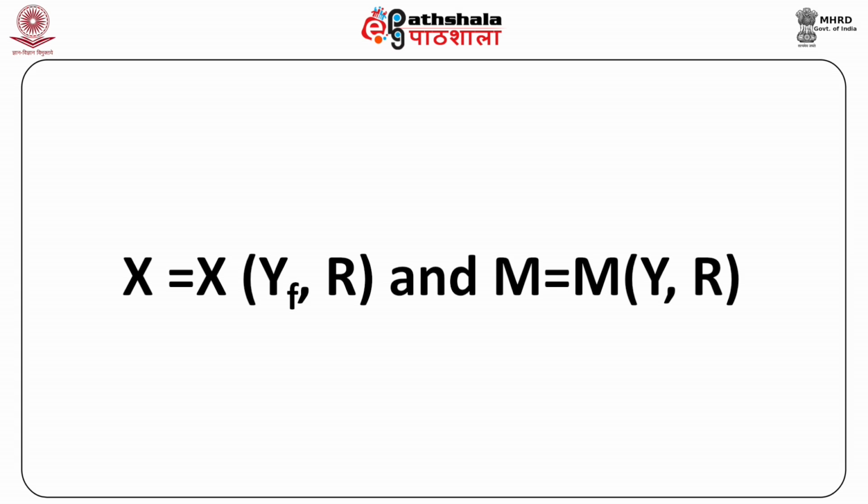So, when foreign income increases or domestic currency depreciates, this leads to an increase in total exports, whereas total imports depend on domestic income and the real exchange rate. As domestic income increases, or if there is appreciation of domestic currency, this will lead to an increase in total imports. That is, X, which is a function of YF, that is foreign income, and R, that is real exchange rate, and M is a function of Y and R.